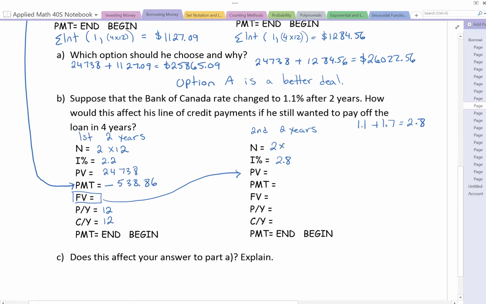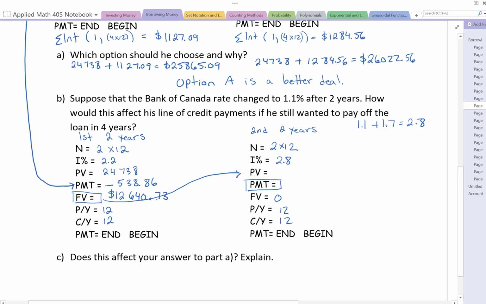This is still going to be 2 times 12, 0, 12, and 12. But we want to figure out what are our payments now that prime has gone up. So go ahead and put this into your calculator and you get a future value of $12,640.73.